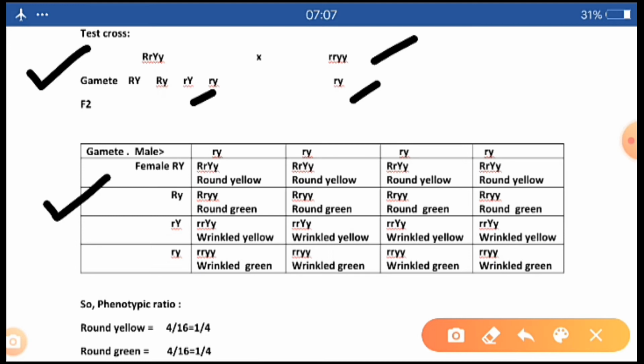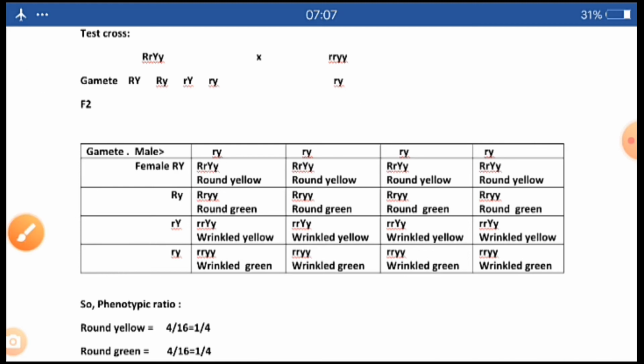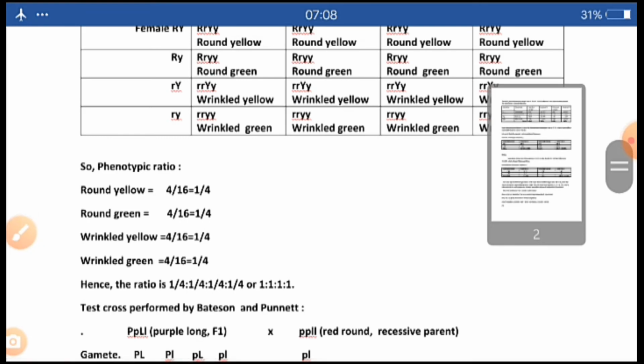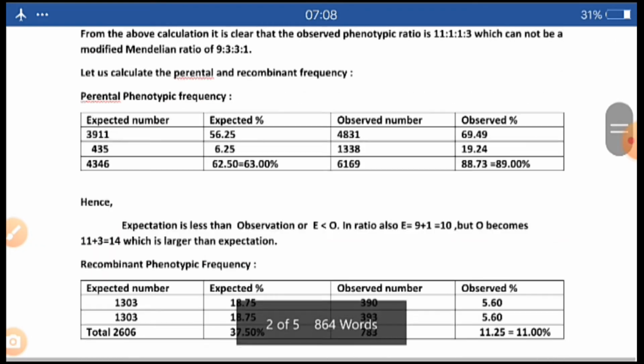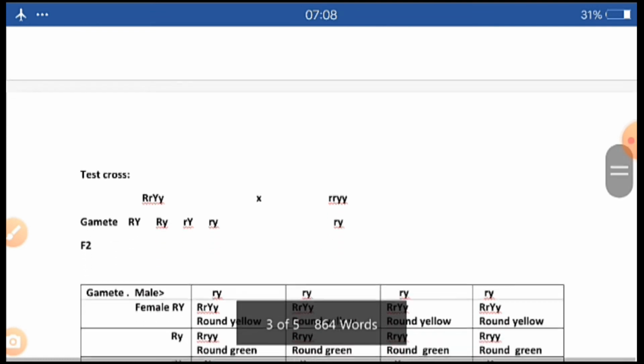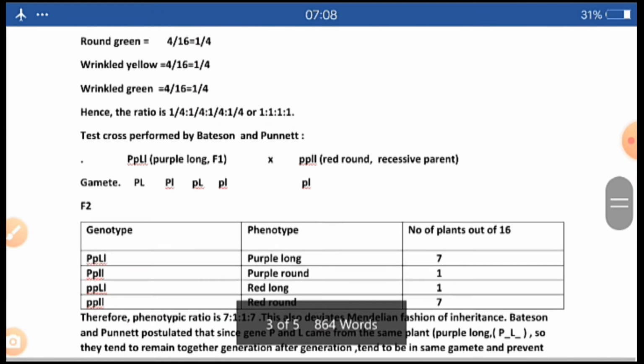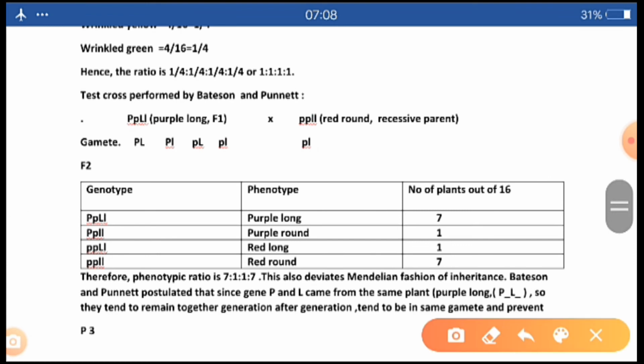Okay. Put the male gametes and then put the female gametes, then fill up the Punnett board or checkerboard by yourself, and clearly it will be noticed that the phenotypic ratio of test cross is 1:1:1:1.